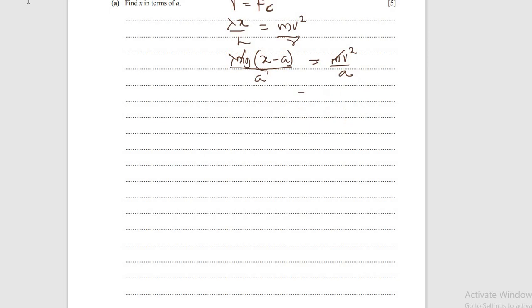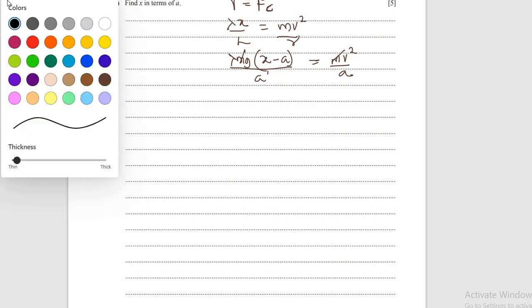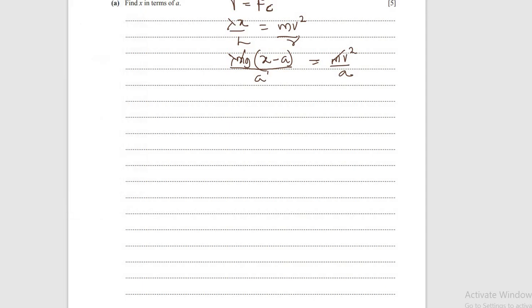The radius is x. Let me change the marker to a colorful one. The radius is x, not a. mv squared over r, this is x. So m still cancels m. At the end of the day, lambda g x times x minus a equal to v squared a.